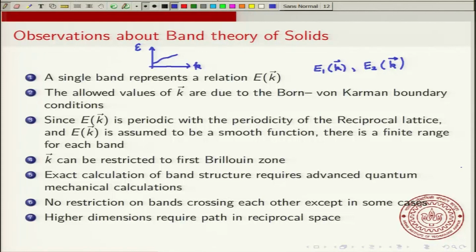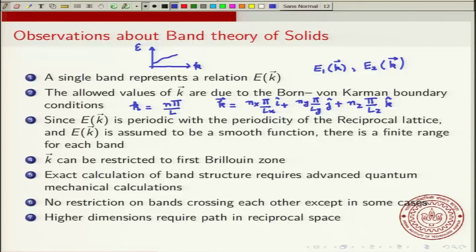Now, the allowed values of k are due to the von Karman boundary conditions, and so what we said was that if you are doing it in one dimension, then k should be a multiple of n pi by L. If you are doing it in higher dimensions, then k should be something like nx pi by Lx i plus ny pi by Ly j plus nz pi by Lz k.